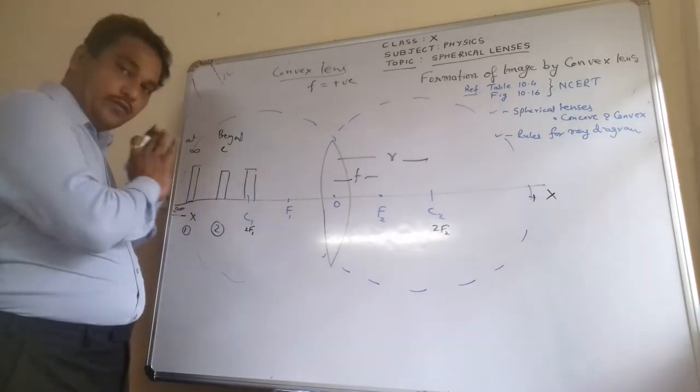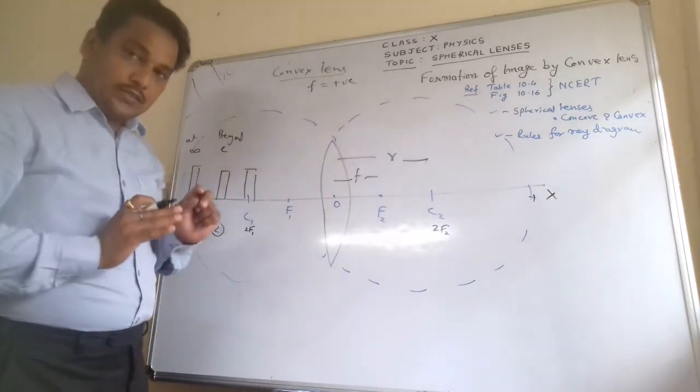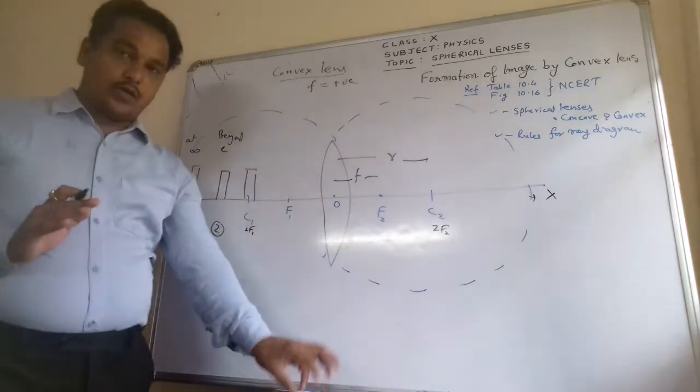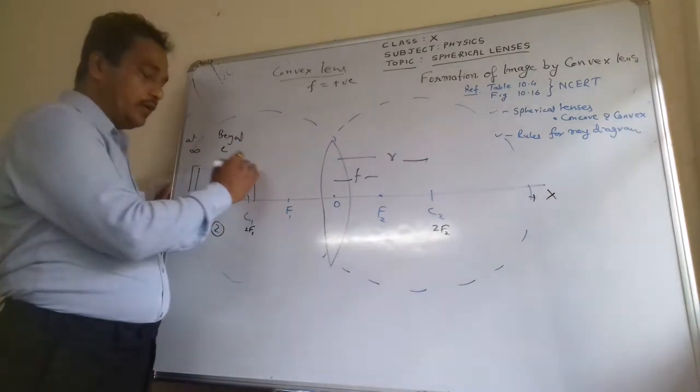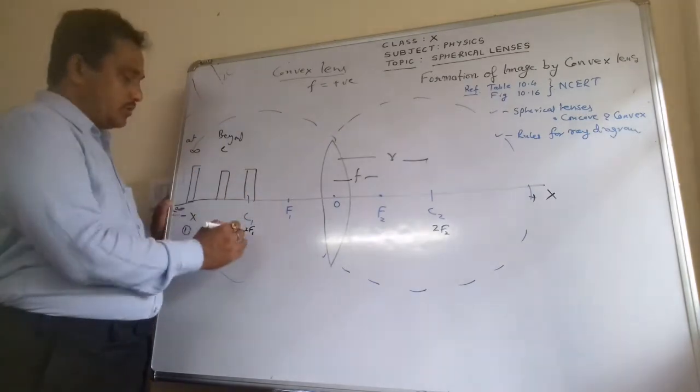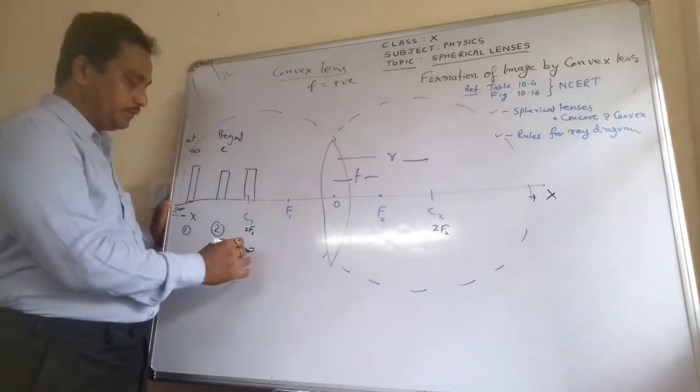This is at infinity, this is beyond C, and after that the object will be placed at C. So we have to bring the object from infinity towards the lens. So step by step at all the stages we will find the image formed by it. So this is the third case.